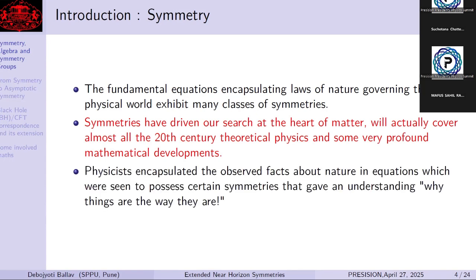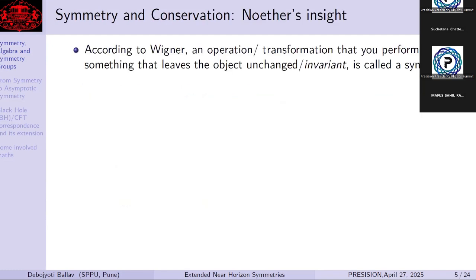And these symmetries, and the observed facts that dictate those symmetries, give us an understanding of why things are the way they are. So about symmetry, according to Wigner, symmetry is an operation or transformation that we perform on some object, and that leaves that object or the equations invariant. We call that a symmetry.